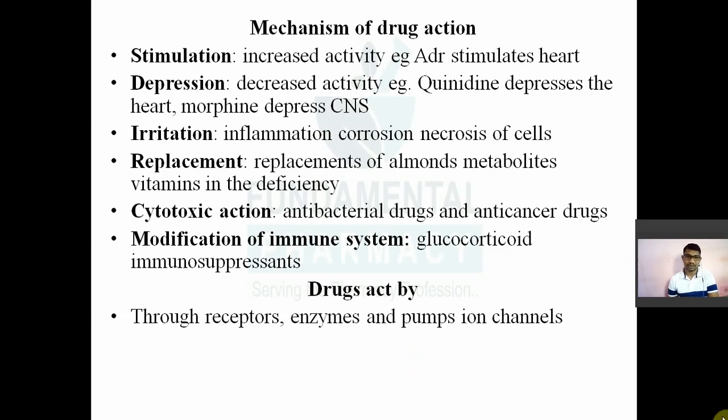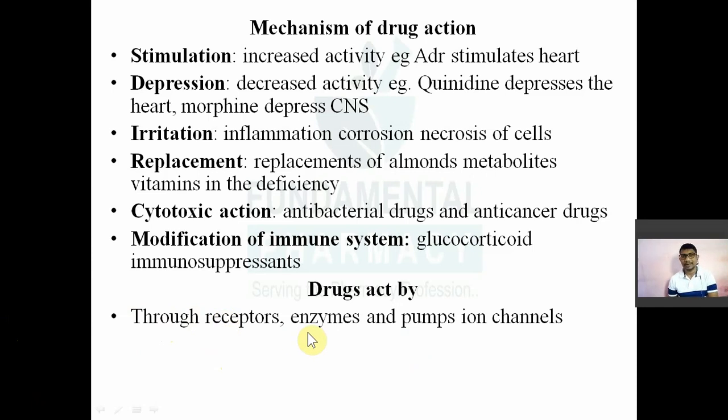For example, in case of receptors, you have alpha receptor, beta receptor in the adrenergic system, then you have muscarinic receptor, nicotinic receptor in the cholinergic system. So drugs will modify the action; they will either stimulate or depress by interacting with the receptor.